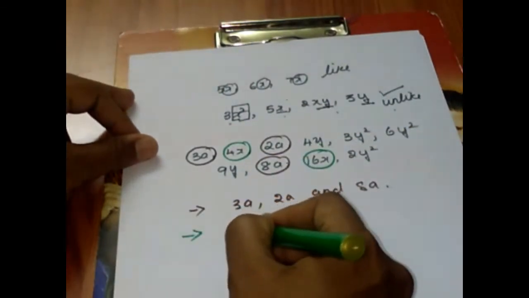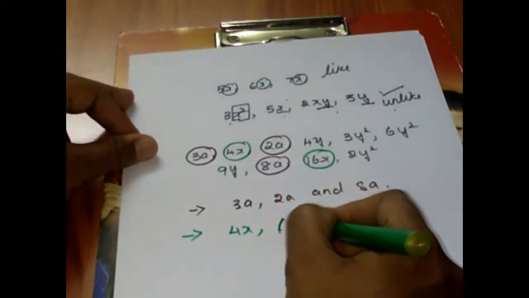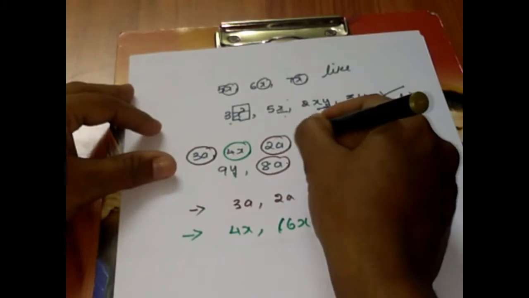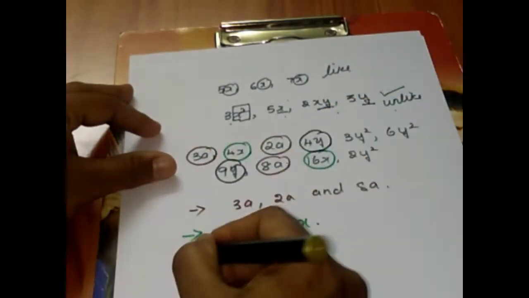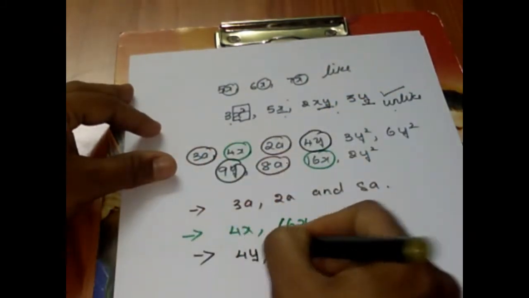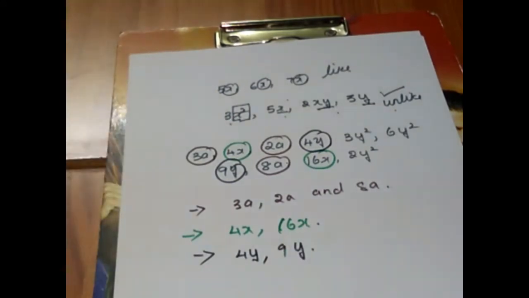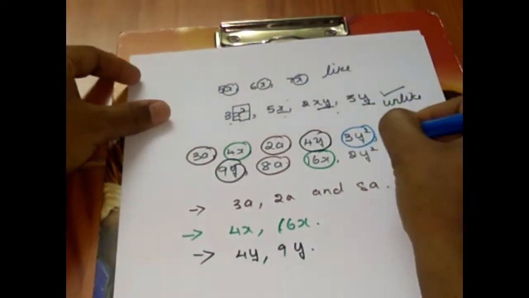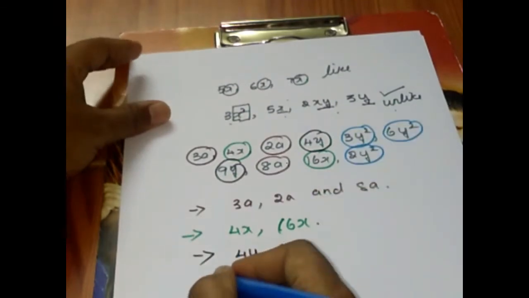Next, with y, again we have two terms, 4y and 9y. And the last group, with the coefficient y square, is 3y square, 6y square and 2y square.